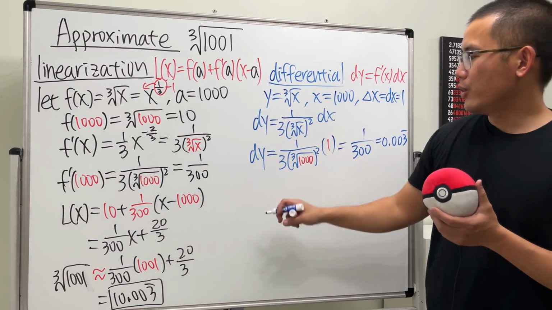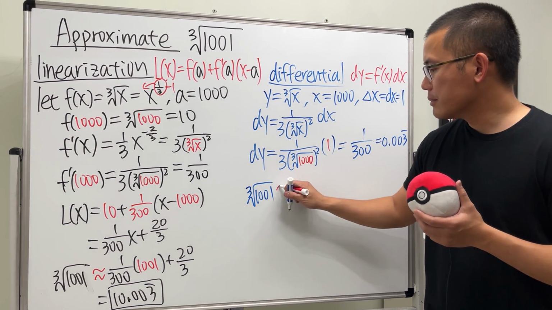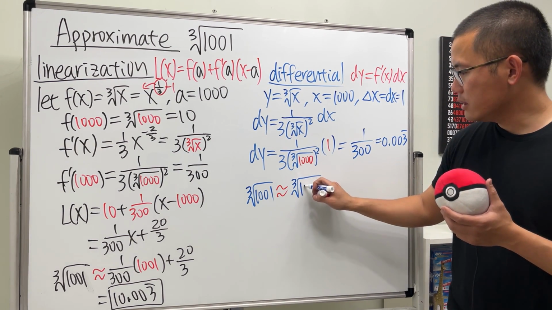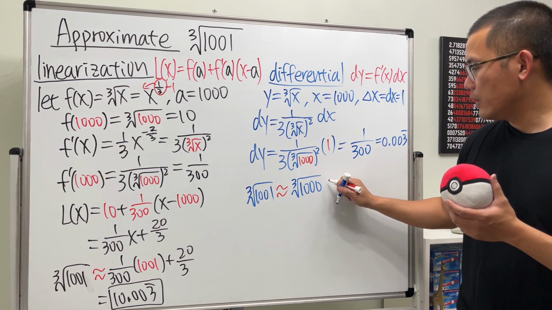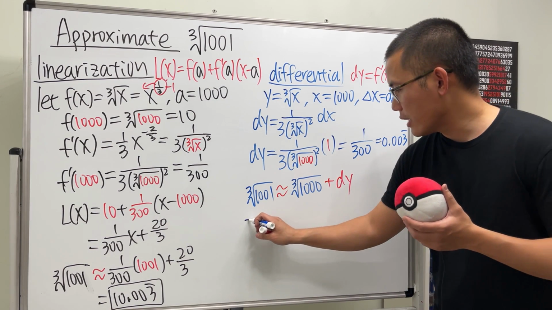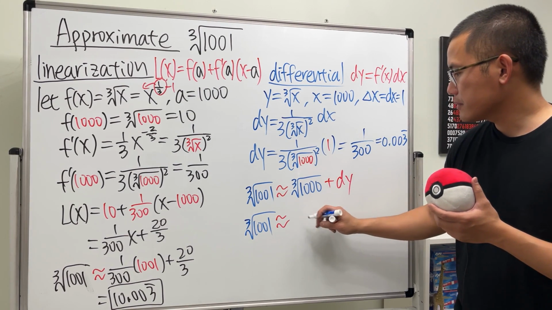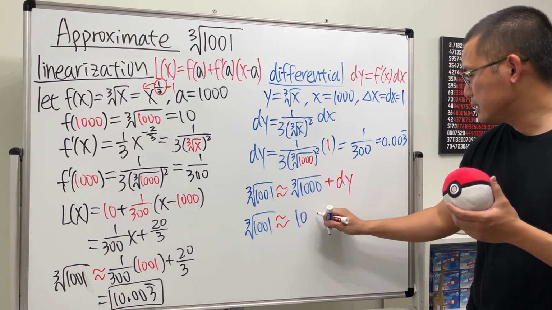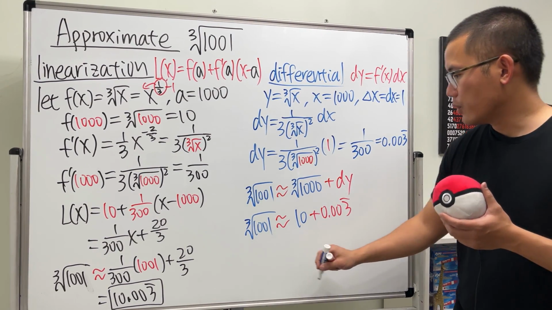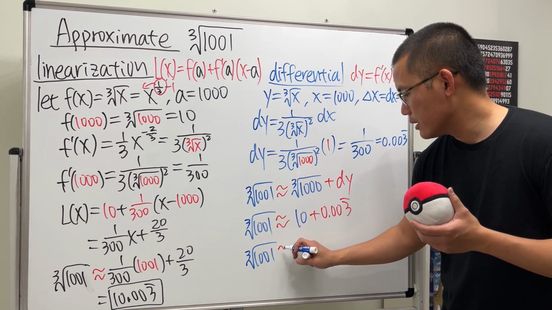Okay, the cube root of 1001 is approximately the cube root of 1000, the one that we know, and then we just attach the dy. So the cube root of 1001 is approximately 10 plus 0.003 with a bar.